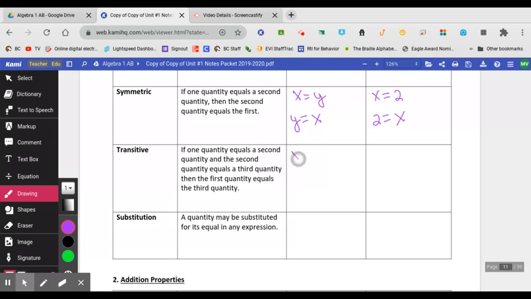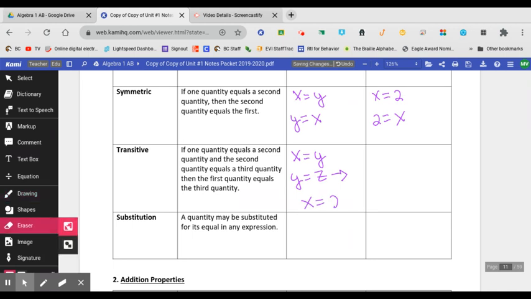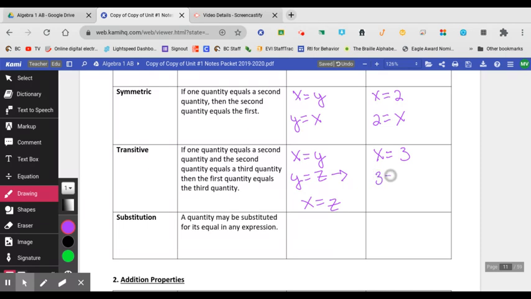So if I say X equals Y and Y equals Z, I can kind of take the Y's out, and that means X equals Z. So this means if I know X equals 3, and I also know that 3 equals Y, I can conclude that X equals Y. We will use this one some this year.